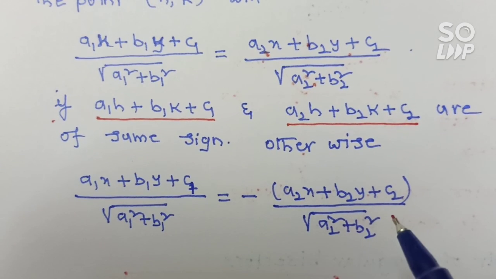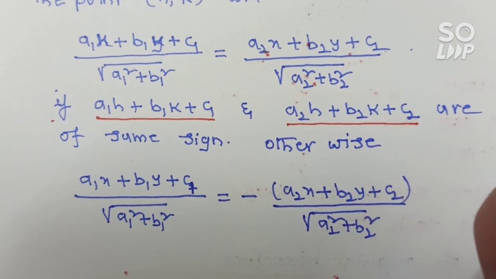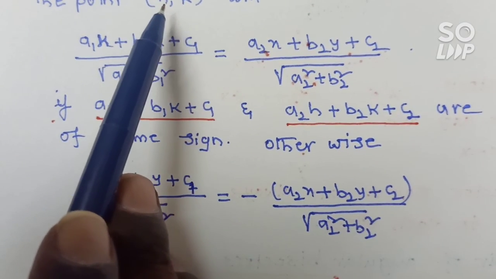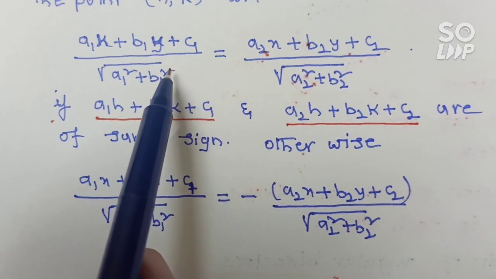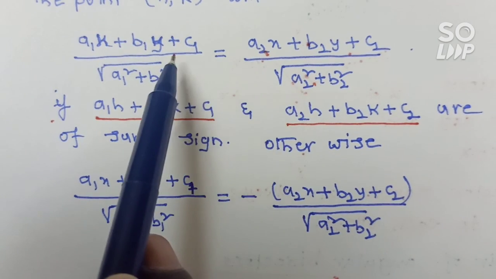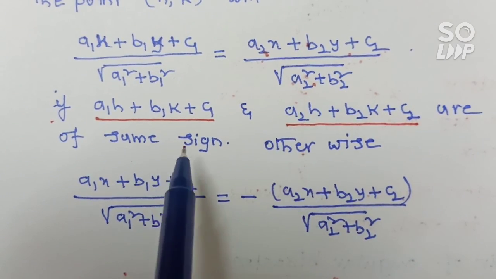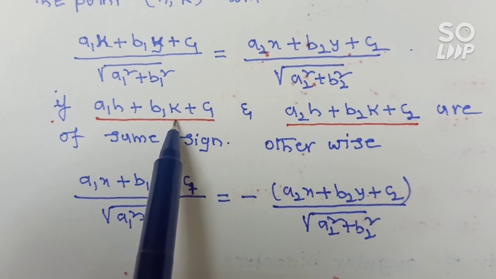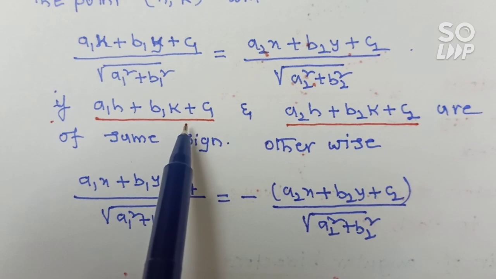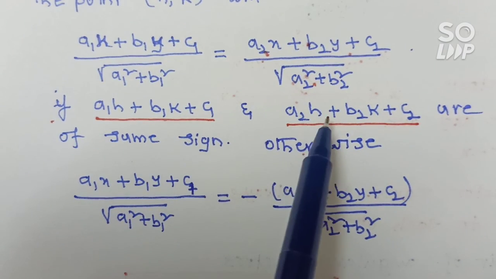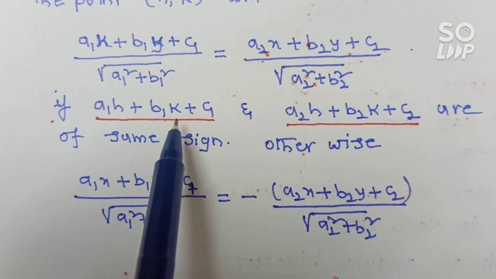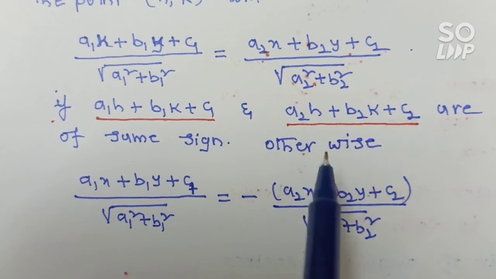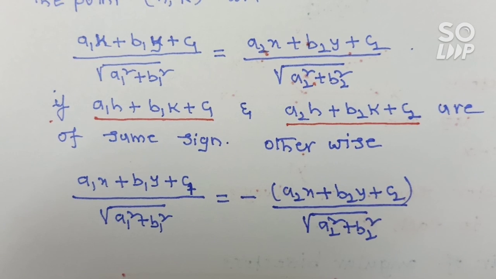Otherwise, it is the negative sign. Suppose while doing problems, I say that the point h comma k lies on the angular bisector. Then immediately we write the condition: if it is the positive sign, these two will have the same sign. Same sign means the product of these two values will be positive, either both positive or both negative. Otherwise, the product will be negative. So this is a very, very important concept.